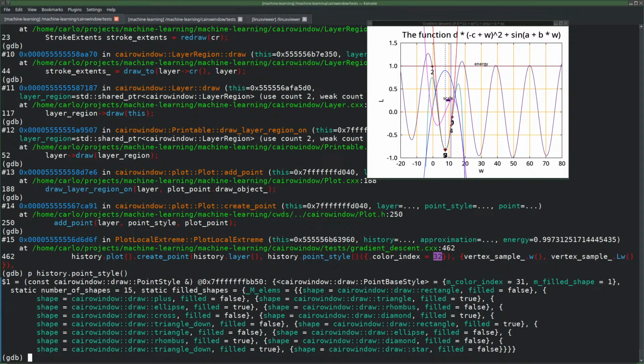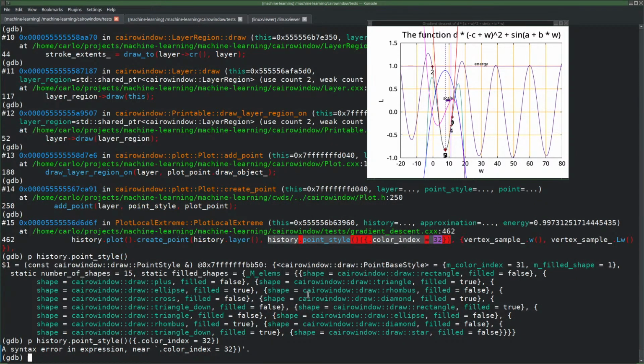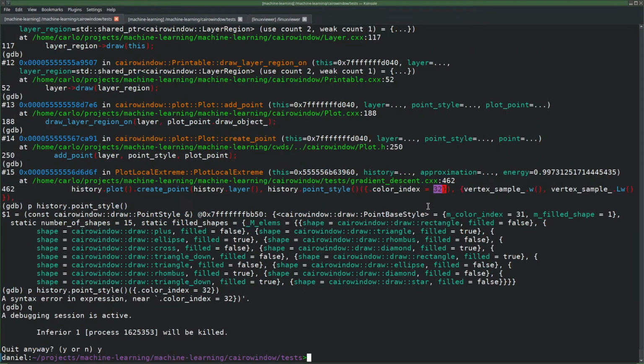Field shape. Okay, I don't know. I think 32 maybe does not exist or something like that.